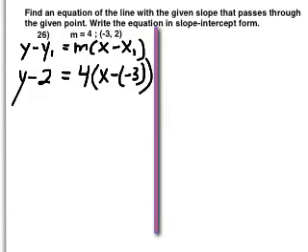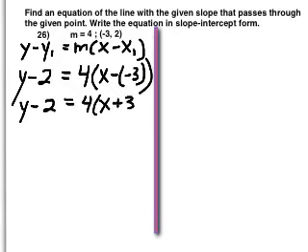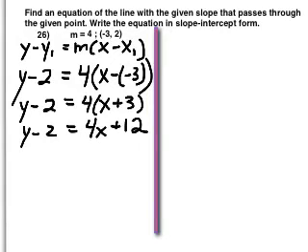Okay, and now we're supposed to put this in slope-intercept form, so we have to simplify this. There's nothing to do on the left, so we'll just recopy that: y minus 2. On the right, first we want to take care of that minus negative 3, so x turns into x plus 3. Now we'll do the distribution: 4x plus 12.